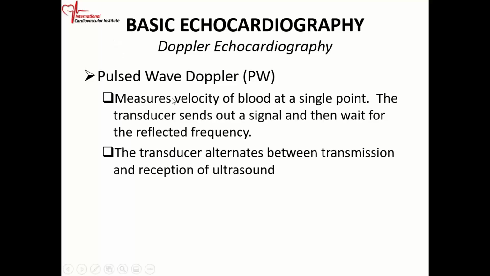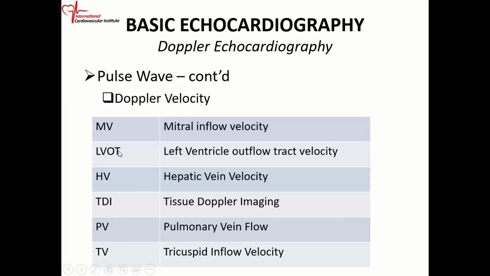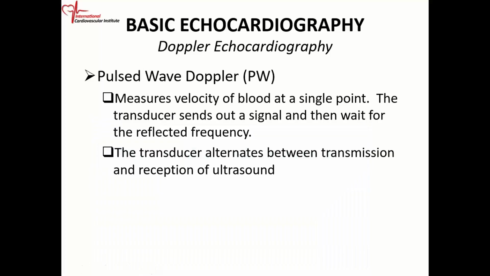When you do pulse wave Doppler, it measures velocity of blood at a single point. The transducer sends out a signal and then waits for the reflected frequency. You send out a sound wave and then you wait for it to come back, because remember, the sound wave has to travel.